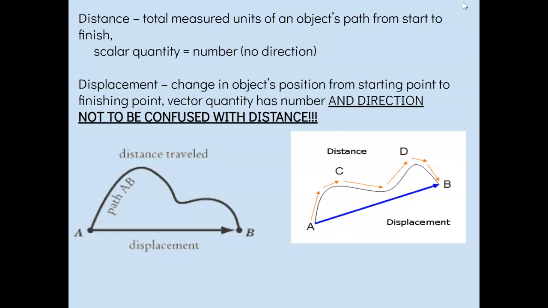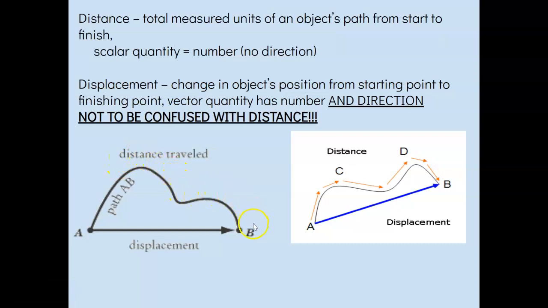So a scalar quantity is distance. Vector quantity is displacement. Okay, we'll need to commit that to memory. So again, we have these pictures here that kind of show us the difference between the two. So the distance is the total distance traveled, so the total pathway traveled.